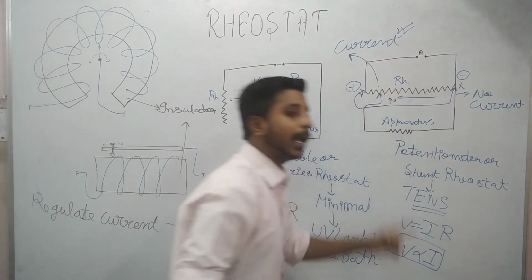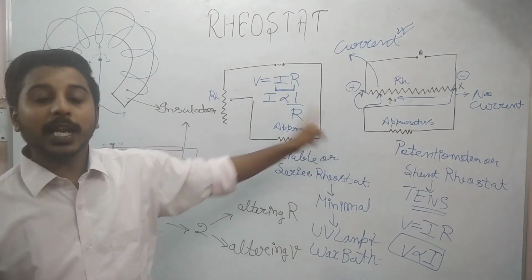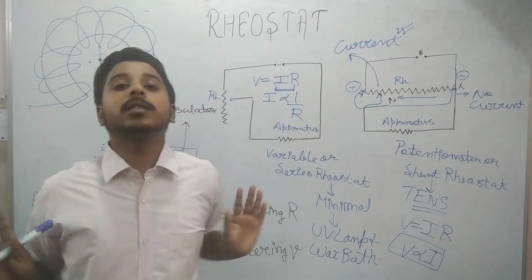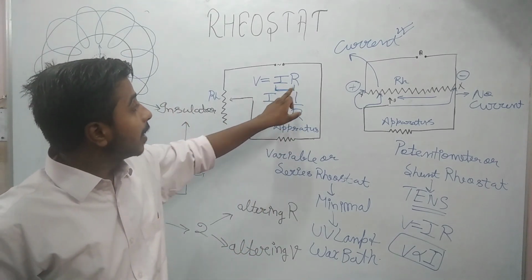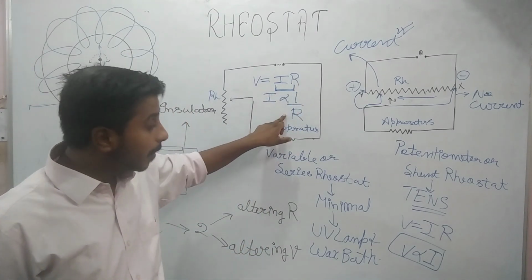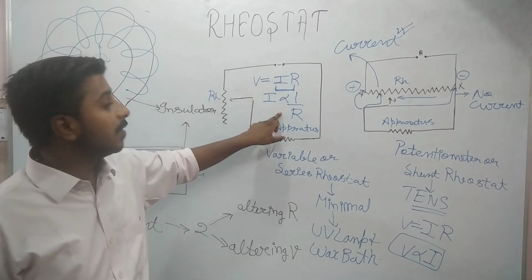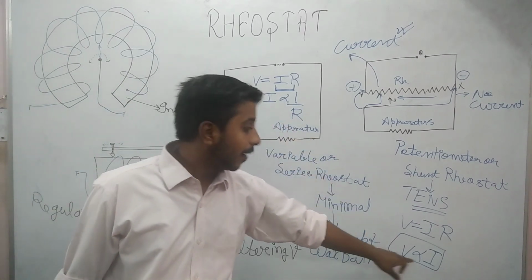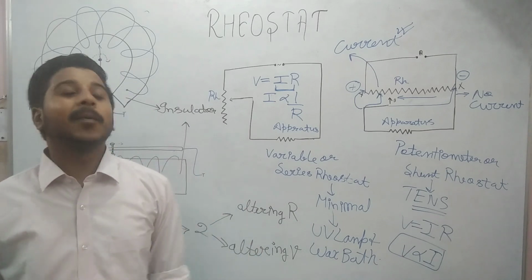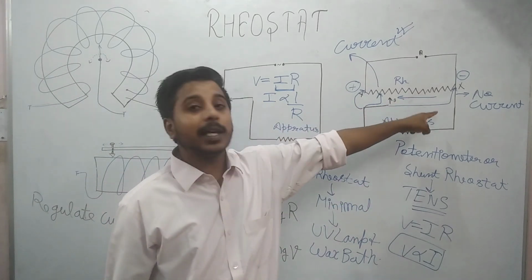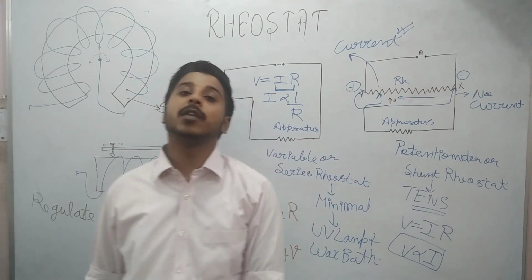So you can say in both the conditions, in both the rheostats, Ohm's law is used. But here we used the relation that I is inversely proportional to R, that is current is inversely proportional to resistance, but here we use that voltage is directly proportional to current, which means if there is a potential difference, only then the current will flow.